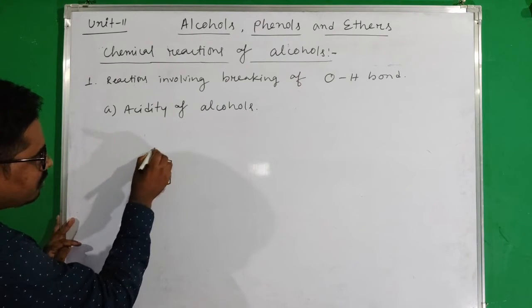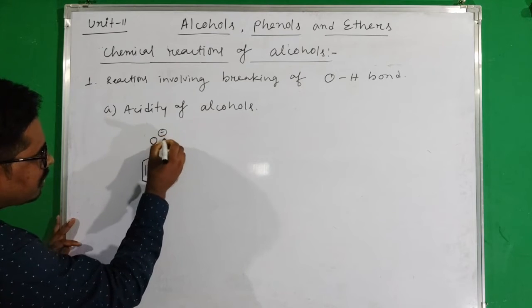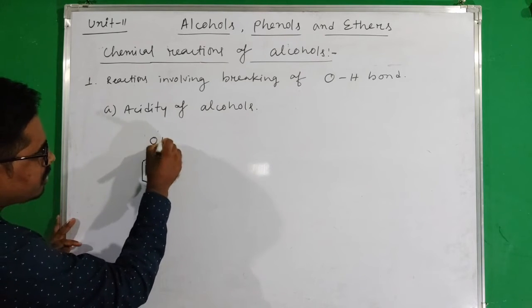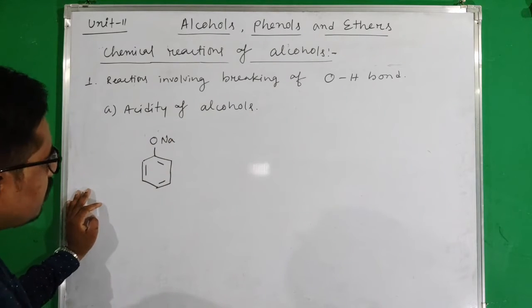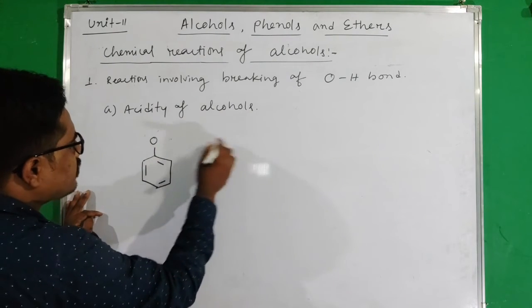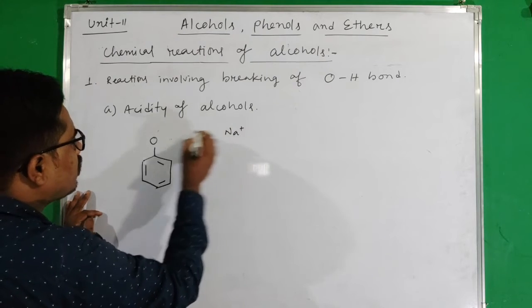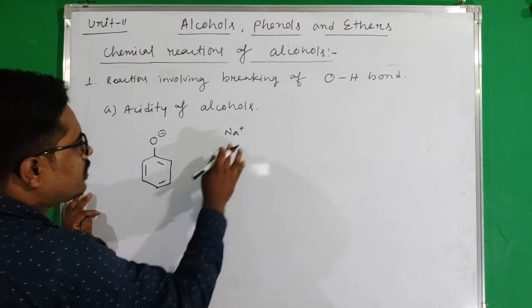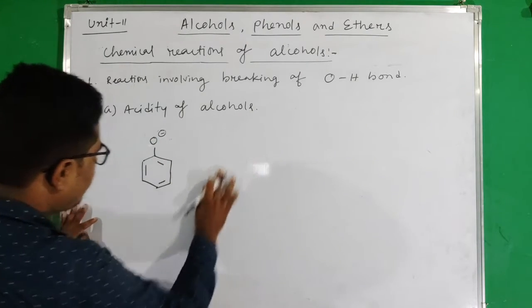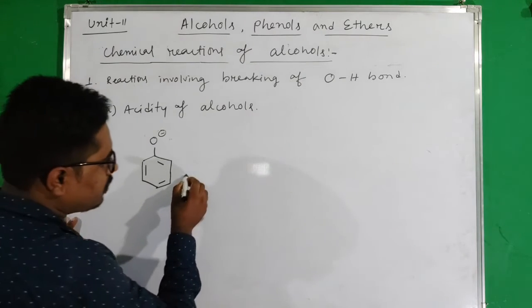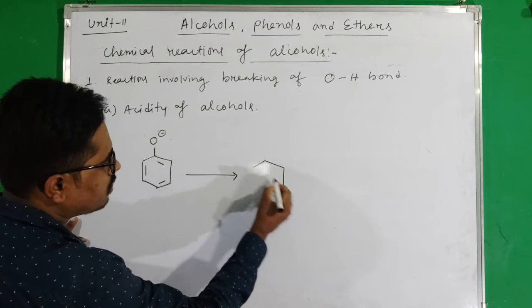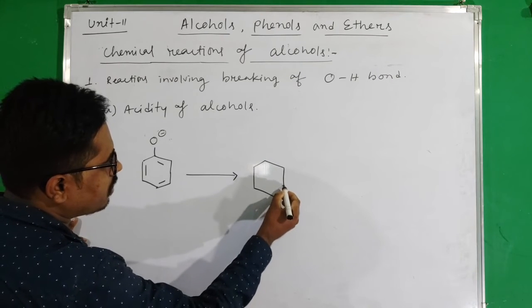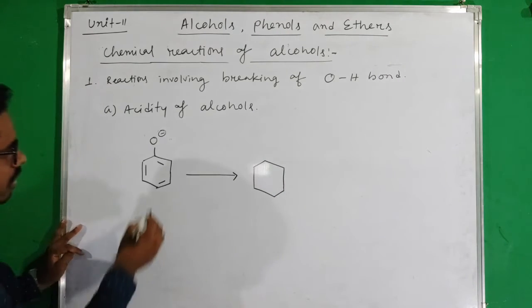Okay, suppose sodium phenoxide, we are considering at first sodium phenoxide. So when the sodium is removed as Na positive, then this one is phenoxide ion, and the phenoxide ion is stabilized by resonance.